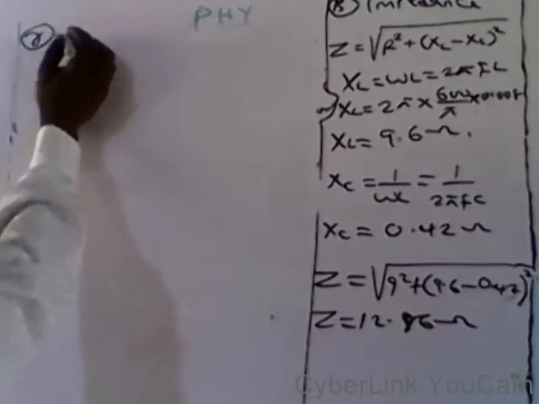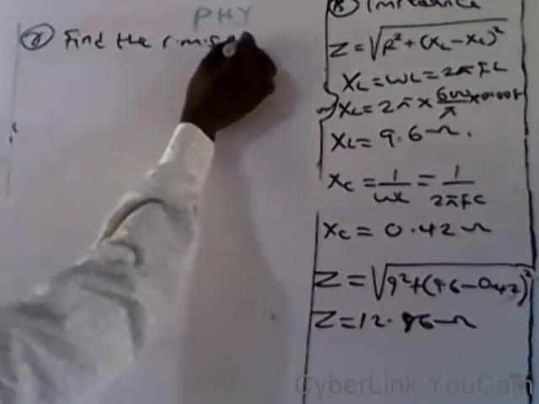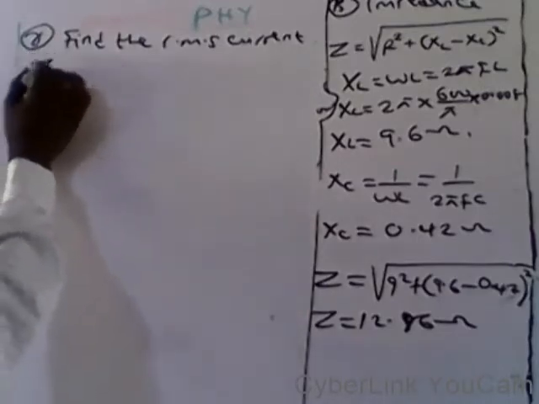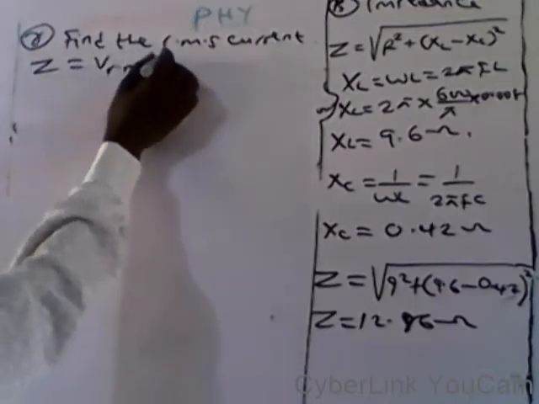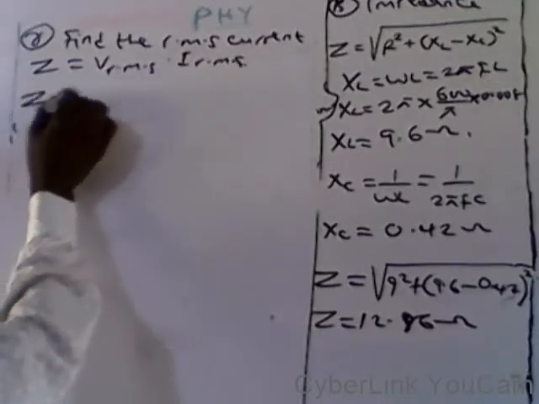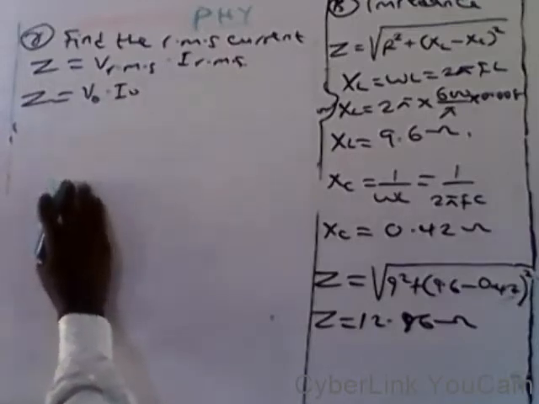Let's look at the next question here. The next question is gamma. And you have to find the root mean square current. Don't forget, Z equals V root mean square times I root mean square, or Z equals V naught times I naught from Ohm's law.